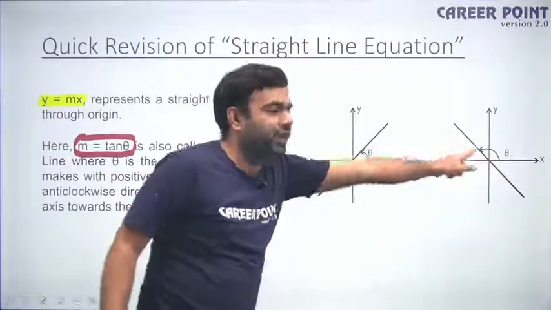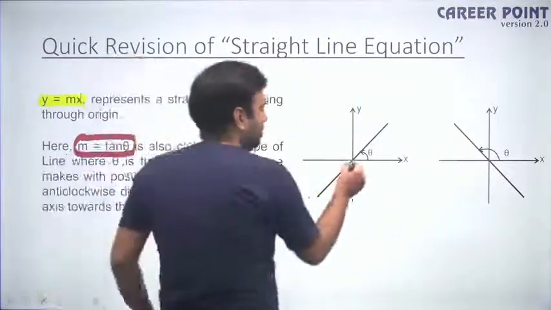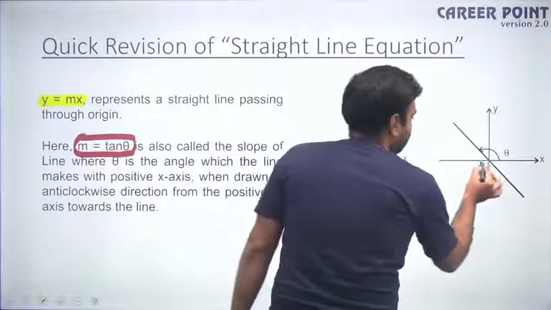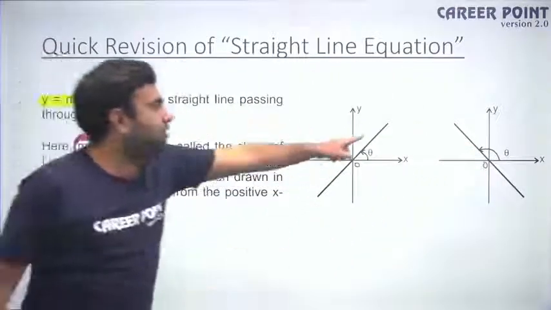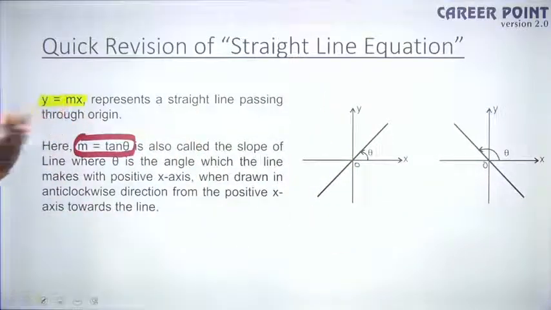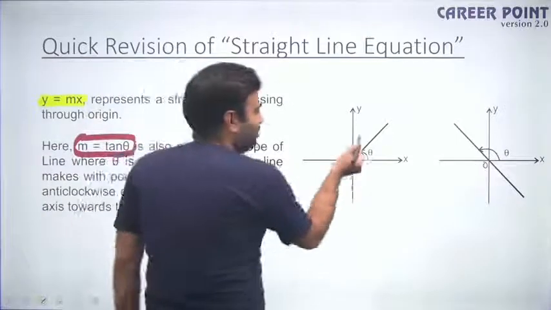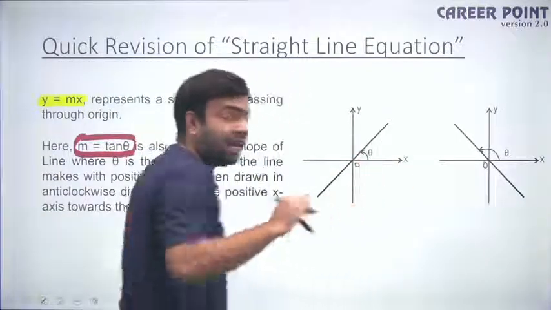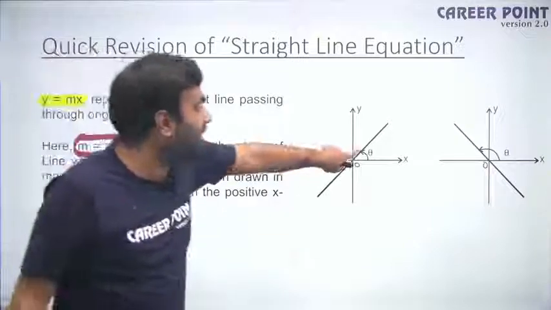What is the equation of both these lines? Both these straight lines are passing through the origin. See, this is the origin and this is also the origin. So what is their equation? Their equation is y equals mx, where m is equal to tan theta, and theta is the angle made by this line from the x-axis in the anti-clockwise direction. Remember, in the anti-clockwise direction.